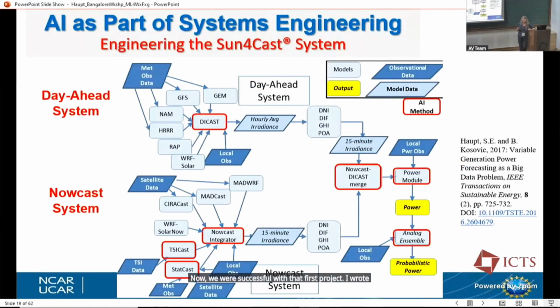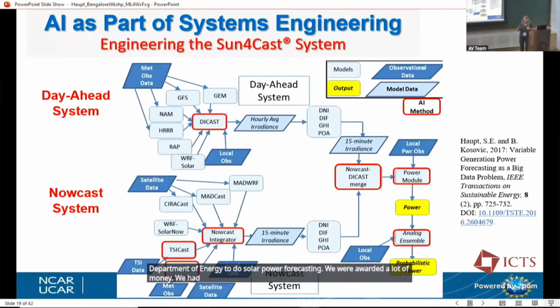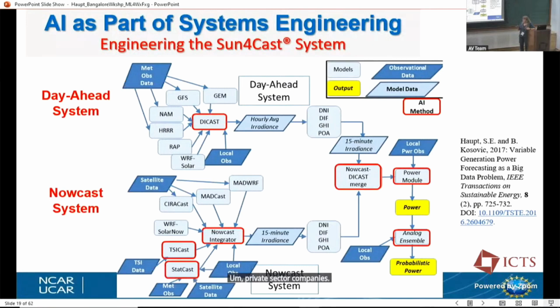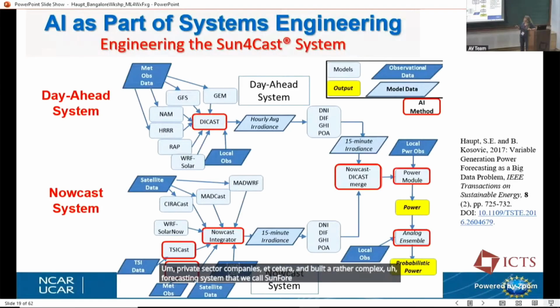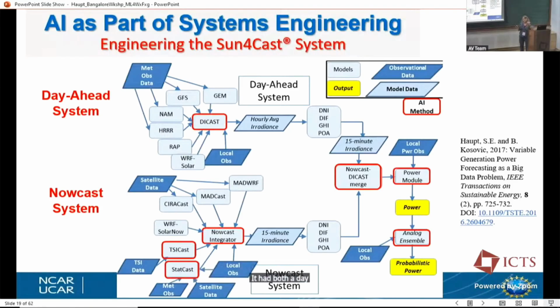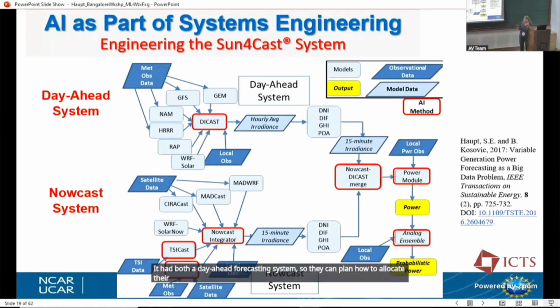Now, we were successful with that first project. I wrote a proposal to the Department of Energy to do solar power forecasting. We were awarded a lot of money. We had a big team, including universities, other government labs, private sector companies, et cetera, and built a rather complex forecasting system that we call Sun Forecast. It had both a day-ahead forecasting system, so they can plan how to allocate their units for the following day, as well as a nowcast system.